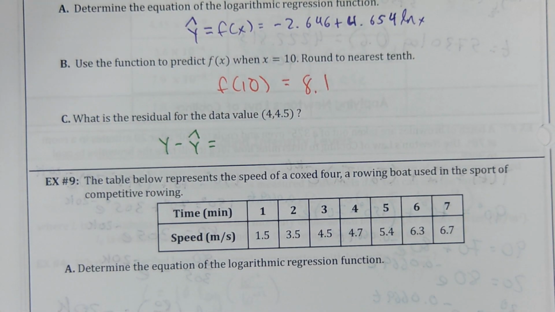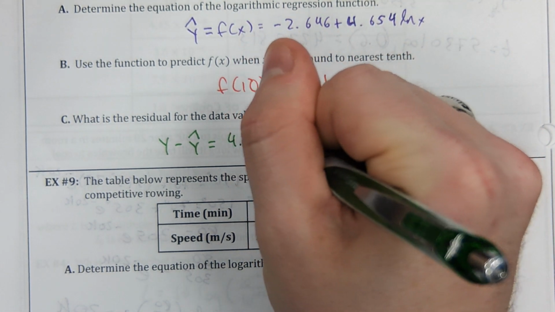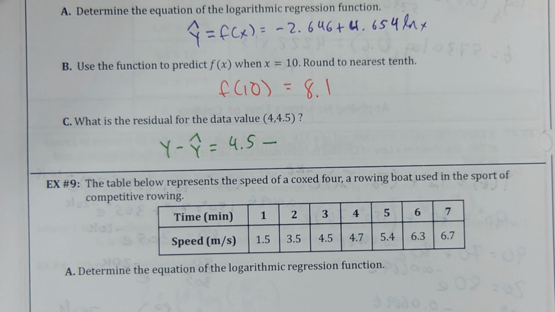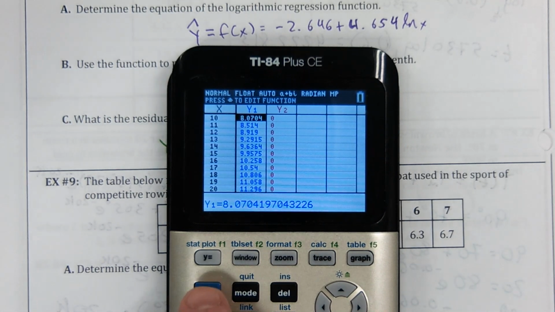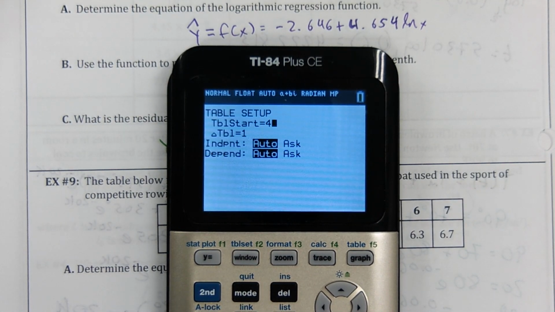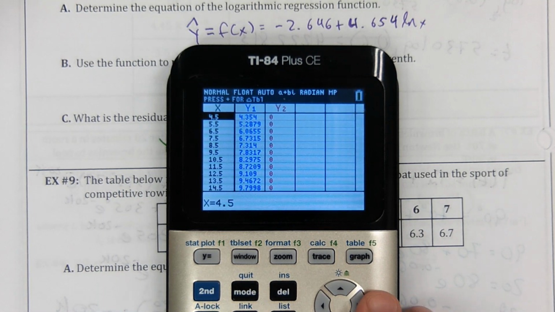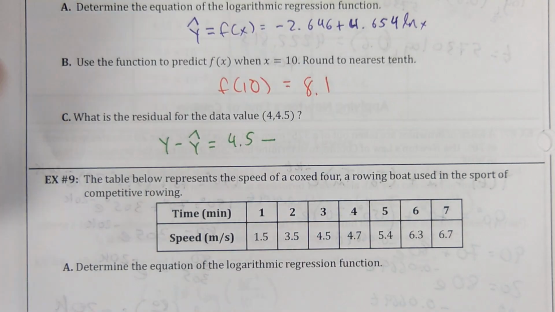So the real y value is 4.5 minus, oh, we need to figure out what the predicted value is. So again, I'm just going to go to table set and tell it to start at 4.5. There. 4.354.